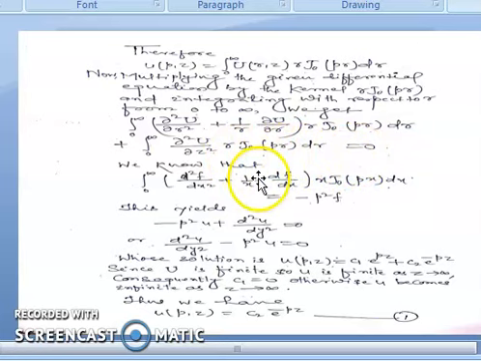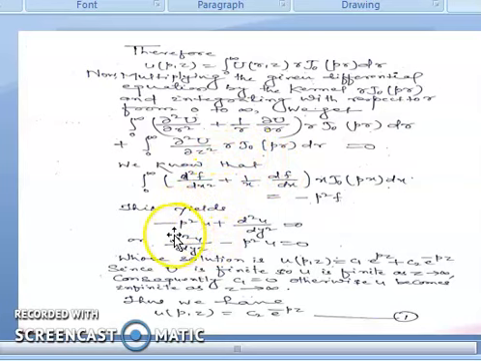As we know, the integral from 0 to infinity of d square f upon dx square plus 1 by x df upon dx times x J0 of px dx equals minus p square f bar. This is the result, which we have already proved as a theorem in the class on second derivatives of Hankel transform.